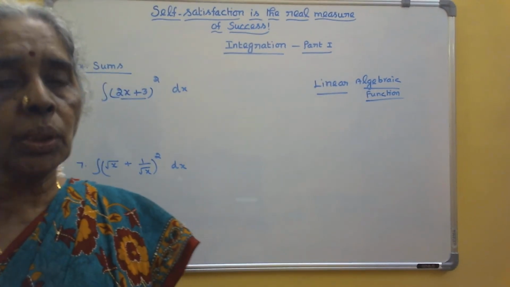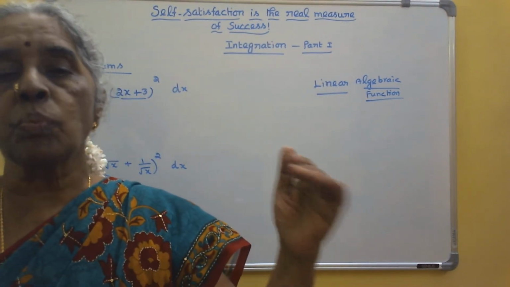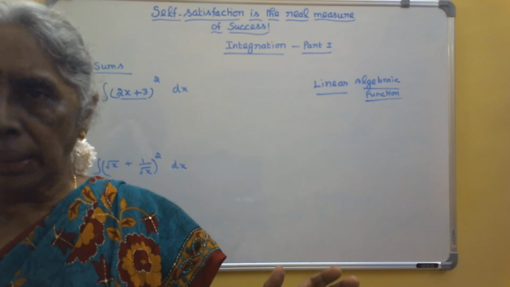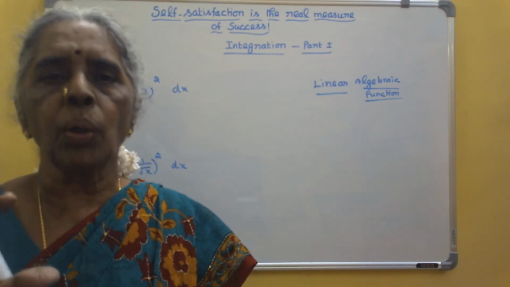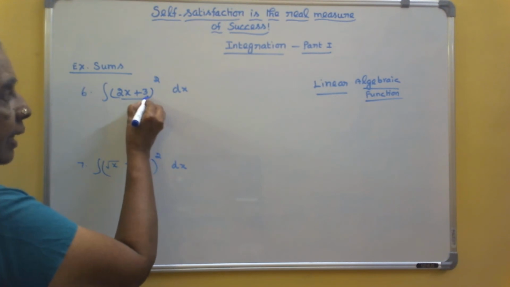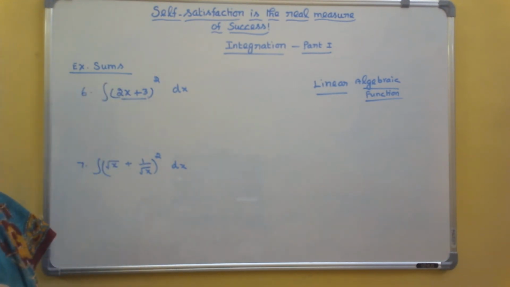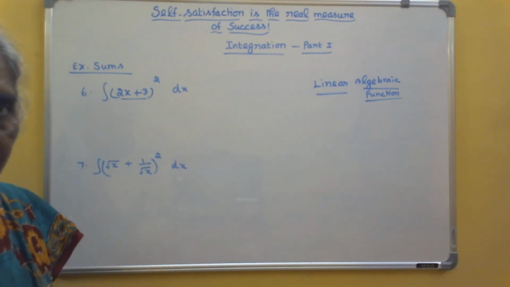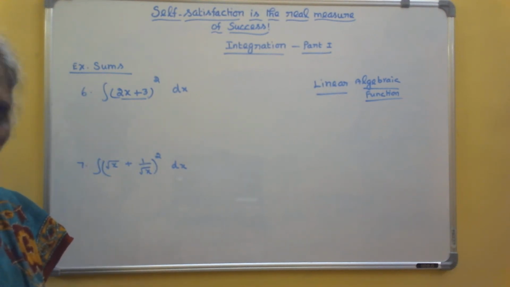Actually I have to teach you what to do when a coefficient comes in all the cases, but here I want to make clear that because it is a linear function, I can use that x power n formula, but I am not going to use it because I want to teach that concept clearly.